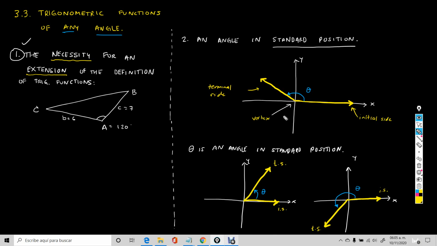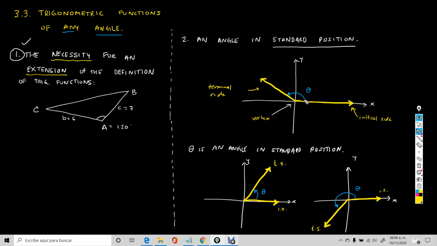Okay. If you draw an angle in such a way that its vertex is at the origin, right there, the corner of the angle, so to speak, such that the initial side is on top of the x-axis, like so, initial side is over here, then that's an angle in standard position. In this case, this angle is called theta.